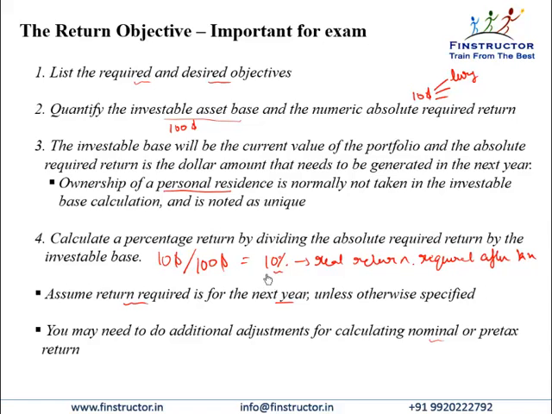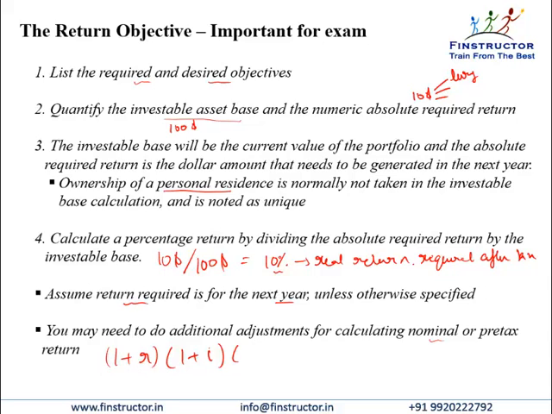So if 10% is the real return required after tax, then how much the fund manager needs to earn is actually higher than this, because this is what the investor actually needs in his hand. So whatever is the real requirement, over and above that you may need to earn inflation, and over and above that you may need to earn the tax rate.